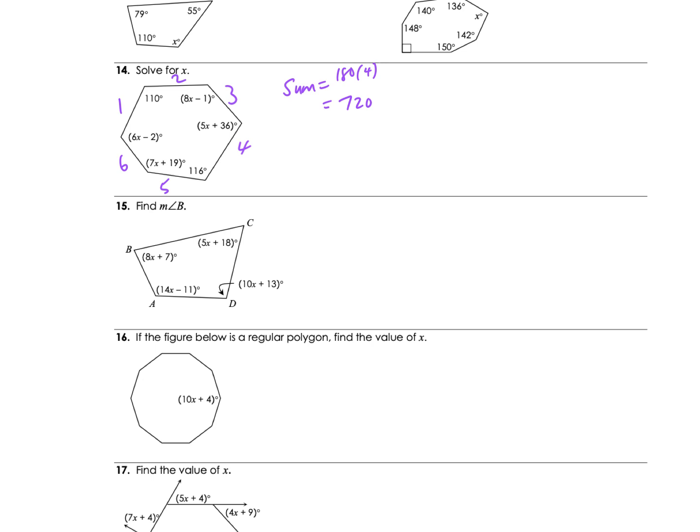If I know the sum of all of them, I do the algebra. So this is going to be 110 plus 8x minus 1 plus 5x plus 36 plus 116 plus 7x plus 19 plus 6x minus 2 equals 720. Combine my like terms.